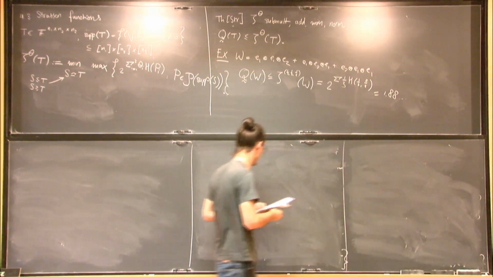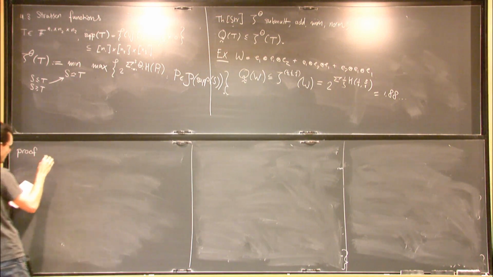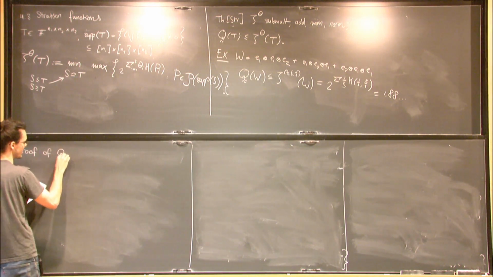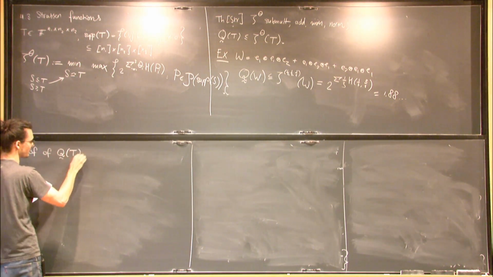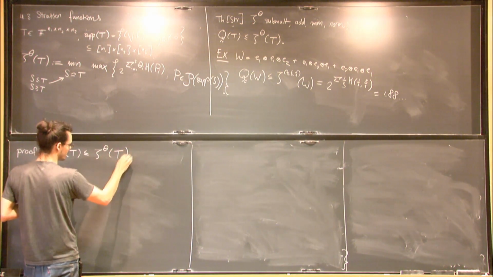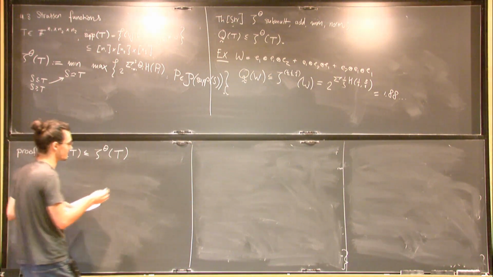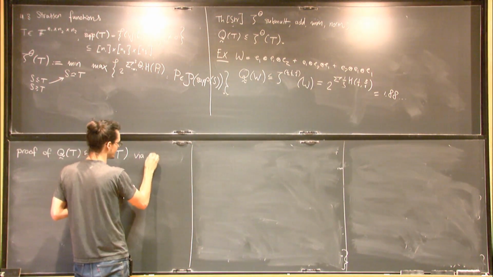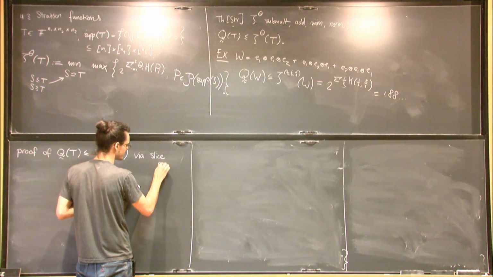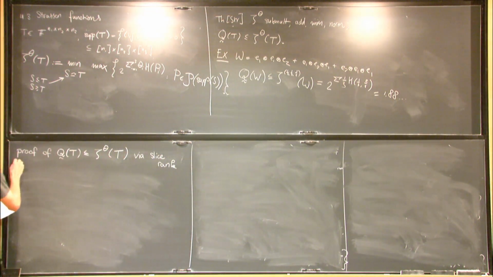All right. So let's see if we can do a proof sketch of the fact that the asymptotic subrank is upper bounded by this Strassen function. And I want to give this proof sketch via one of the notions that Terence Tao introduced, which is called slice rank. So let's try this.